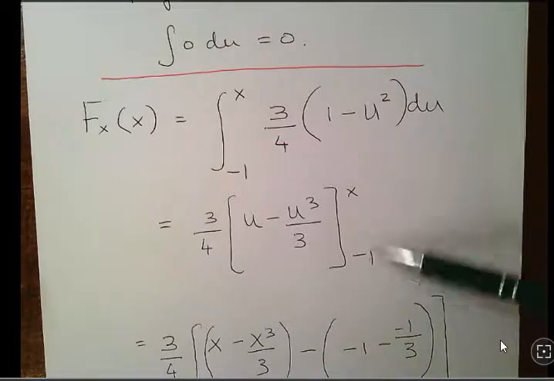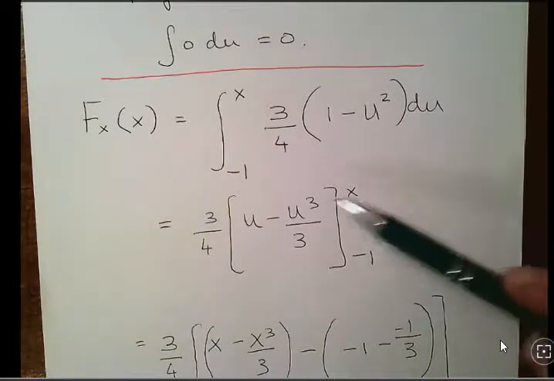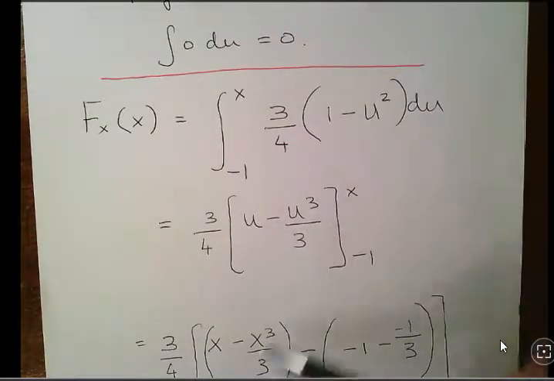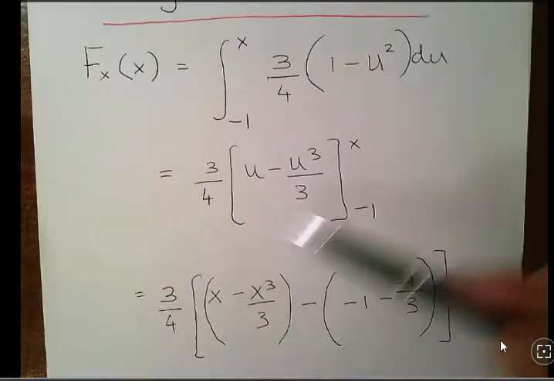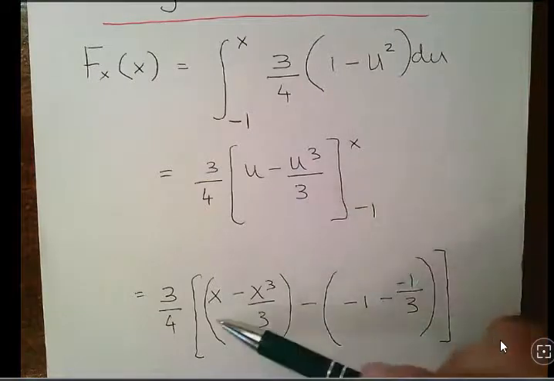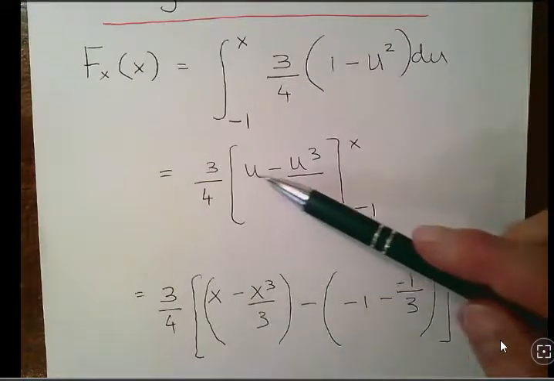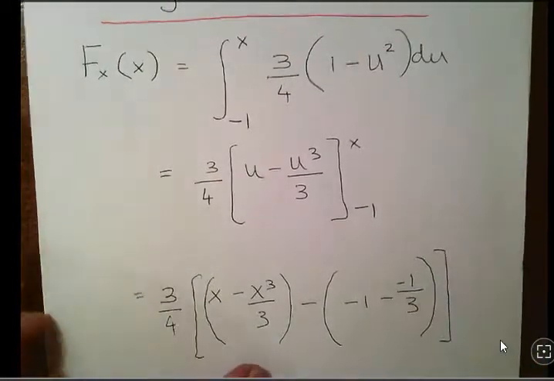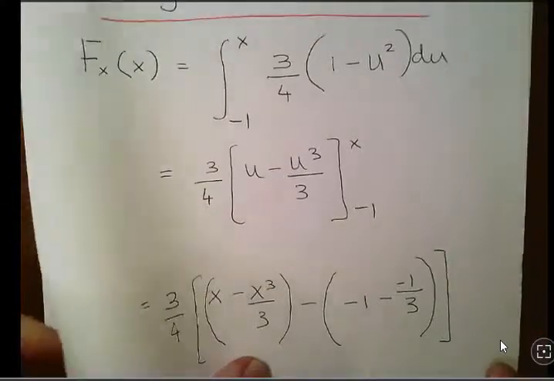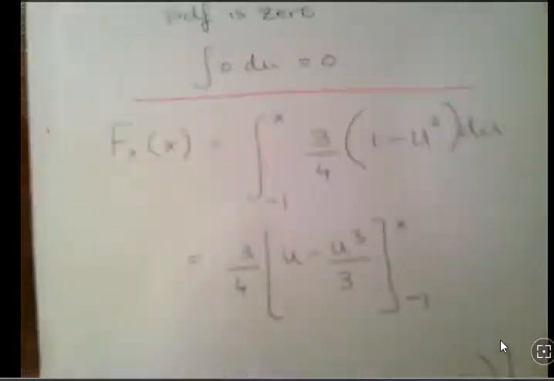The definite integral is from minus 1 to x, so x minus x cubed over 3, we got that part there. Minus minus 1 cubed over 3 works out very similar to last time. That actually works out to be 2/3. If you just recall from the last exercise, that will work out to be 2/3.